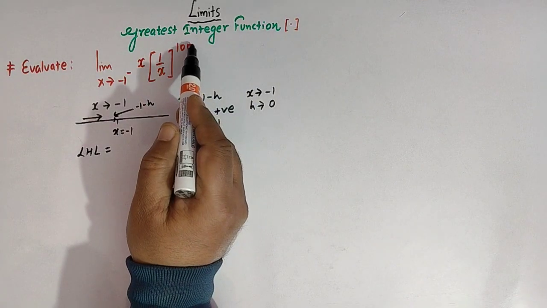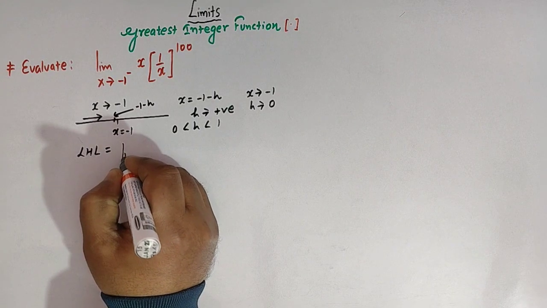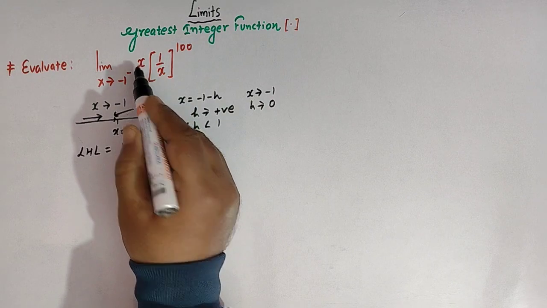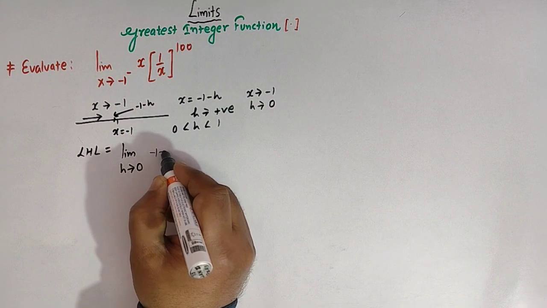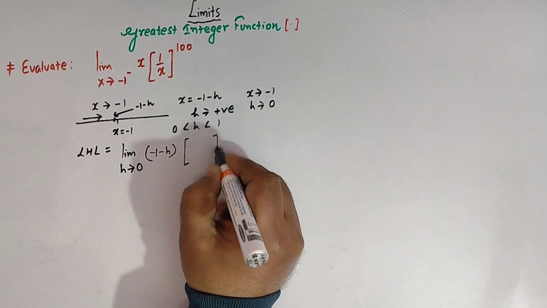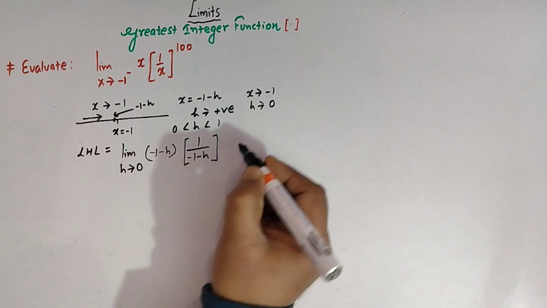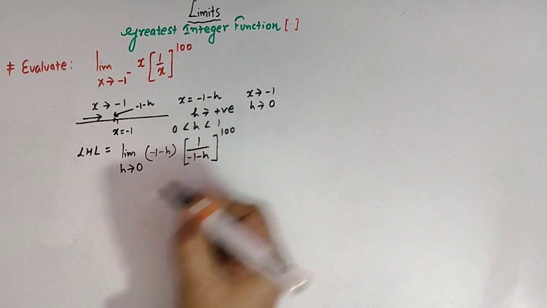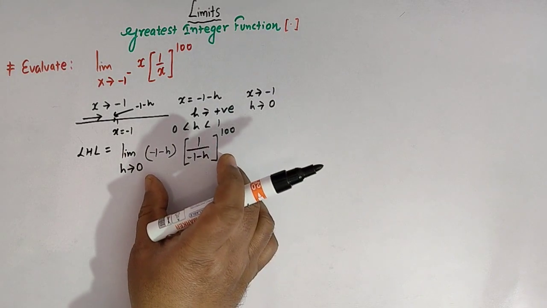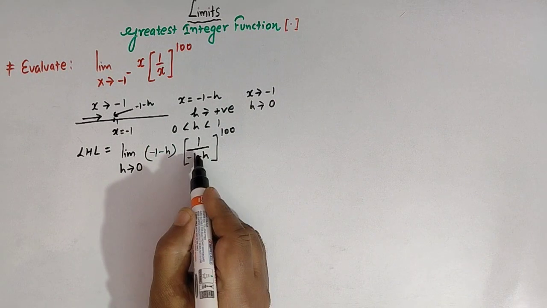Now let us write this limit in terms of h. Limit h tends to 0, and for x we can write minus 1 minus h, and then the greatest integer of 1 over minus 1 minus h, raised to power 100. If we closely look at this expression, this is the product of two functions.